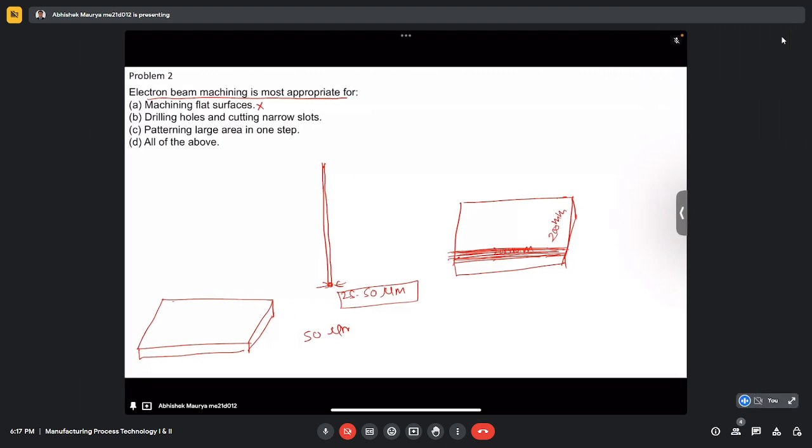So suppose you want to create a hole of, let's say, 50 micron. In that case, we will take the workpiece, and with the beam itself we can drill a through hole inside the material.